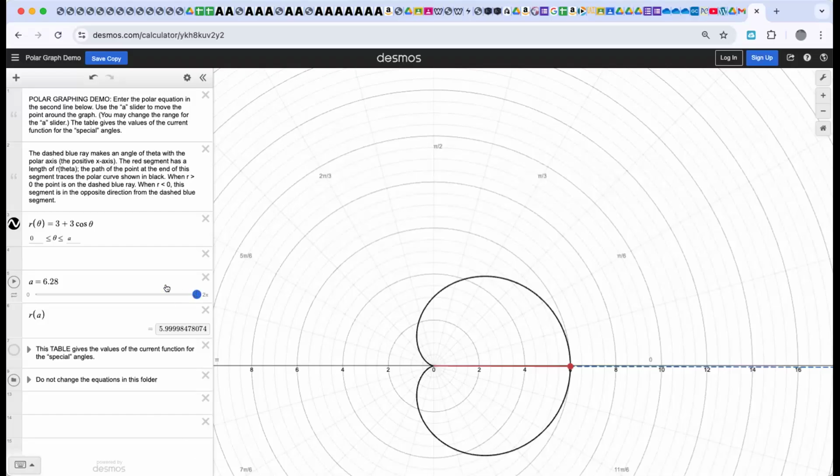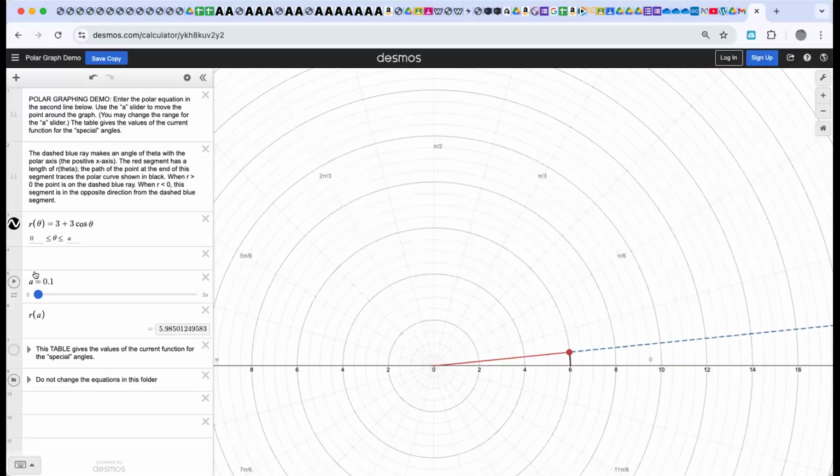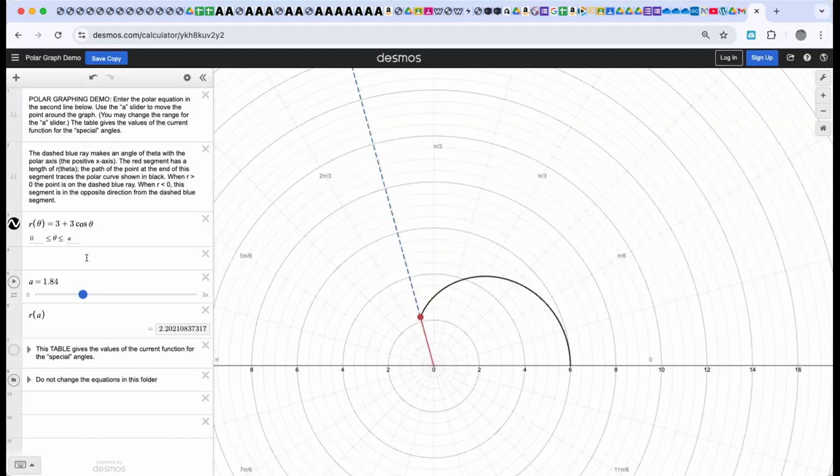Guys, if you're not getting it, tell me. See here, we are starting at 0. See the blue line, it goes to pi by 2. The graph is not done. Then it comes to pi. See this blue dotted line, it's at pi. Is the graph completed? No, right? Again, it keeps going.